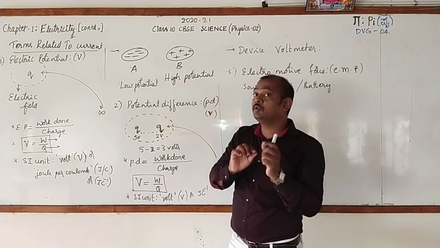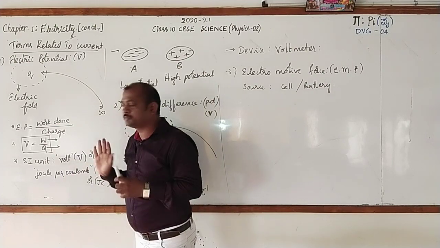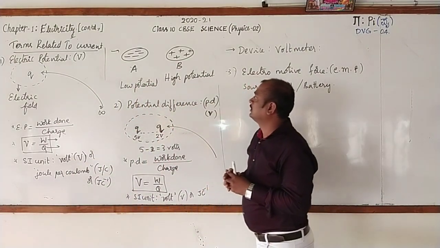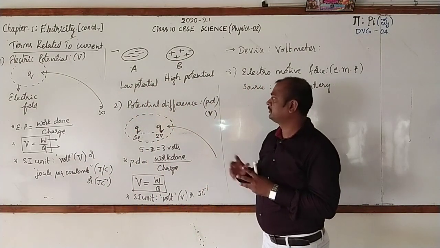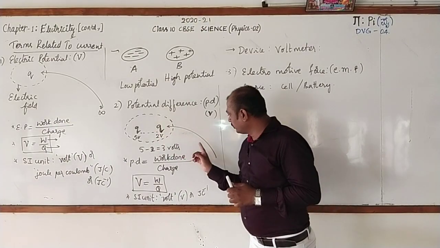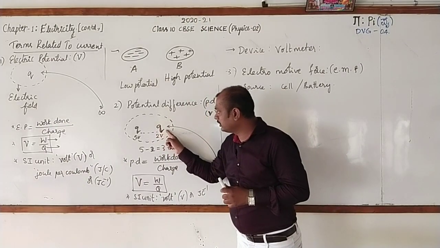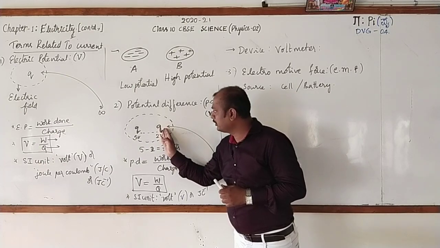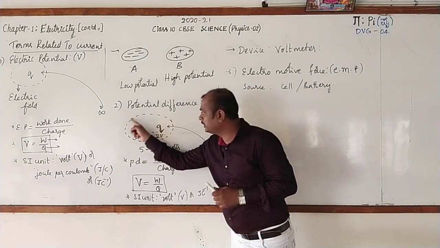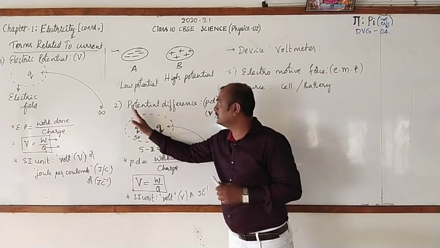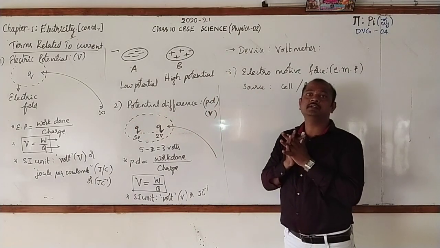Got it? Then you will pause the video and copy all these points. Next, potential difference. Here also, the work done in moving a unit positive charge from one point to another point in an electric field is called potential difference.